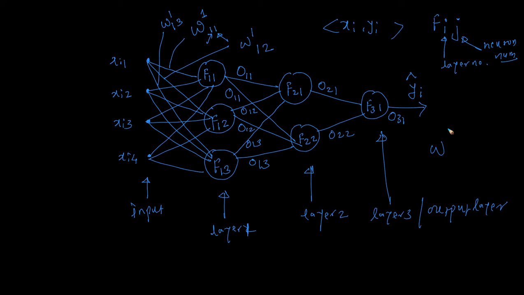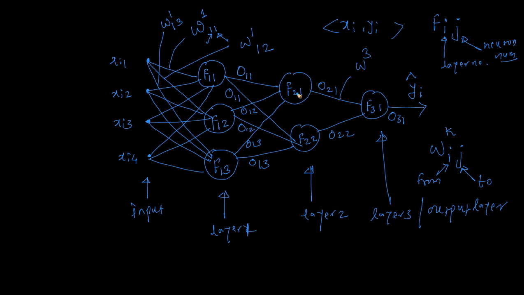So in general, weights will look like this. W, let's say this is K. This weight is going to kth layer, right? And this is I, J: from which neuron or from which input to which neuron? This is from and to, right? So for example, here if I write weight, this weight is going to layer 3. So W3.